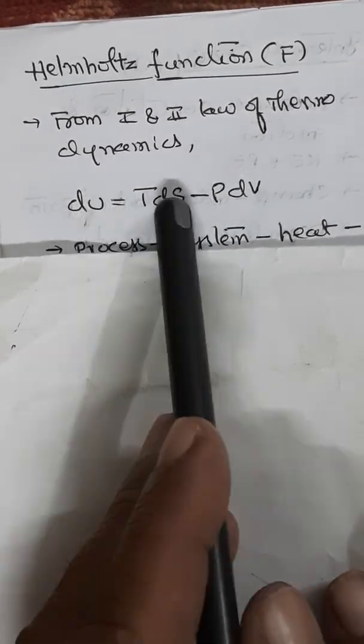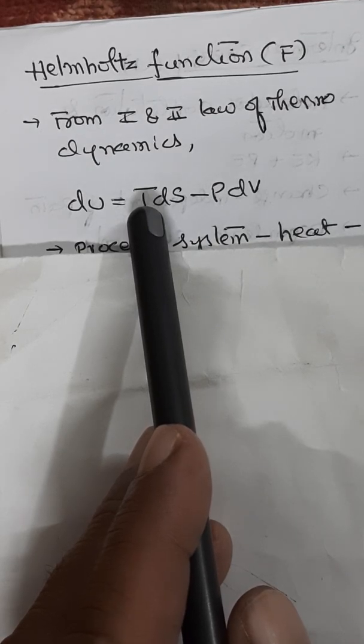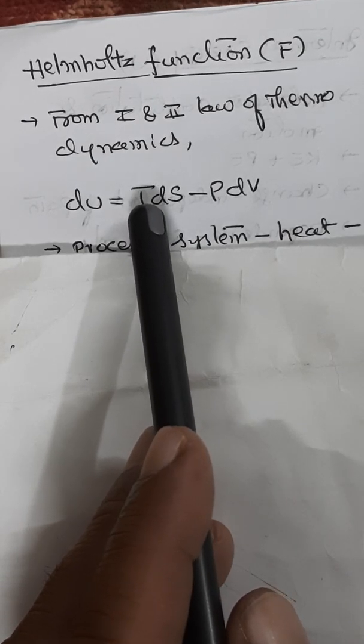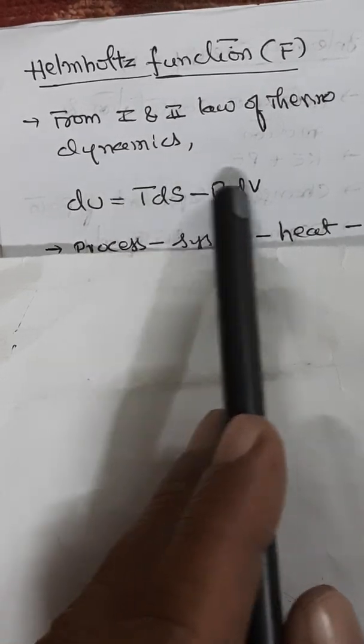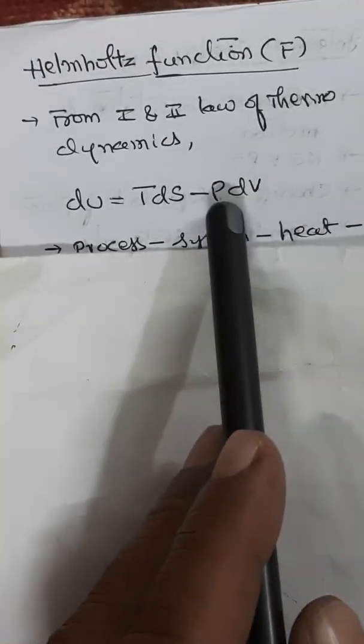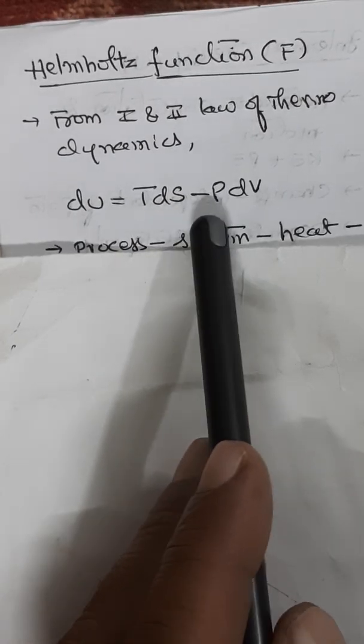Hope by this time you are familiar with this, because dQ is equal to dU plus PdV. Therefore, dQ is nothing but TdS. Therefore, dU equal to TdS minus PdV.